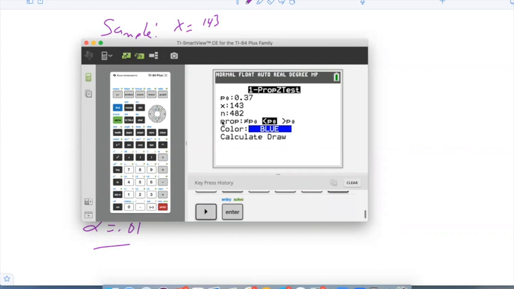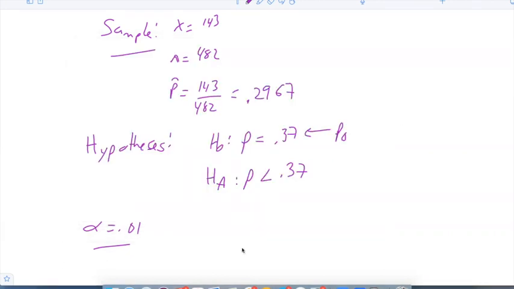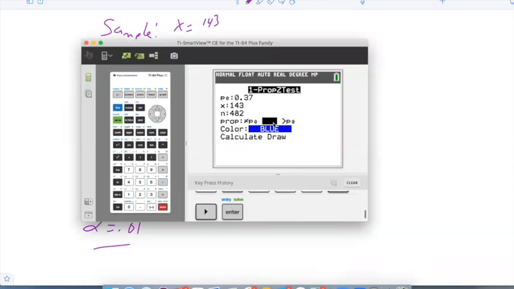So I wish the calculator wrote this out a little differently. What the calculator is writing is they already have this part right here. HA is P blank, and then this is what you're choosing. So I'm choosing less than P naught.